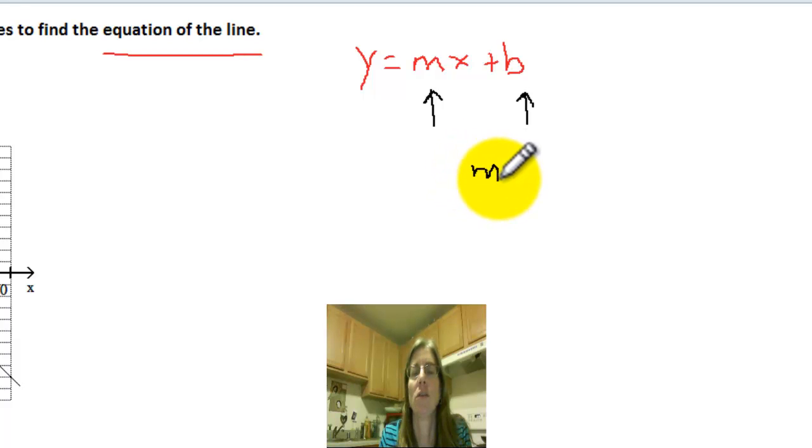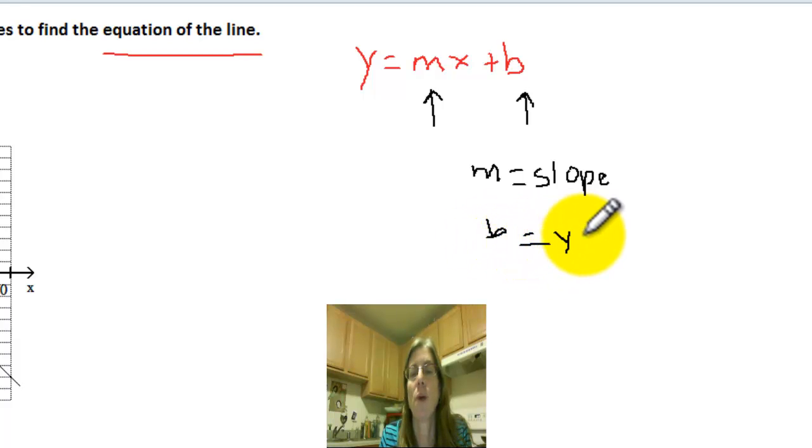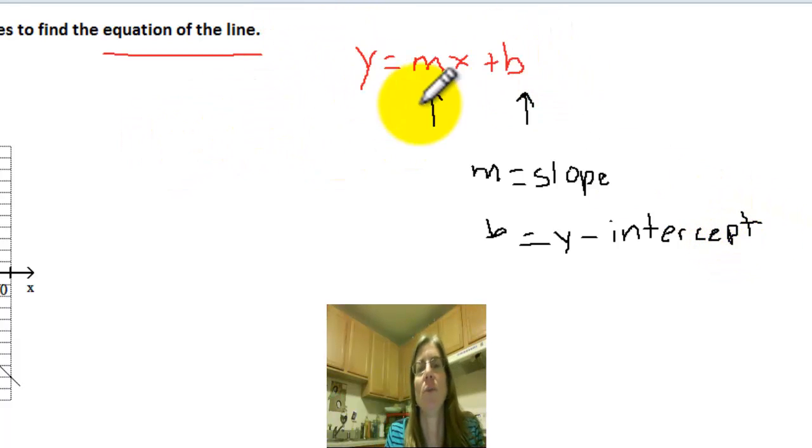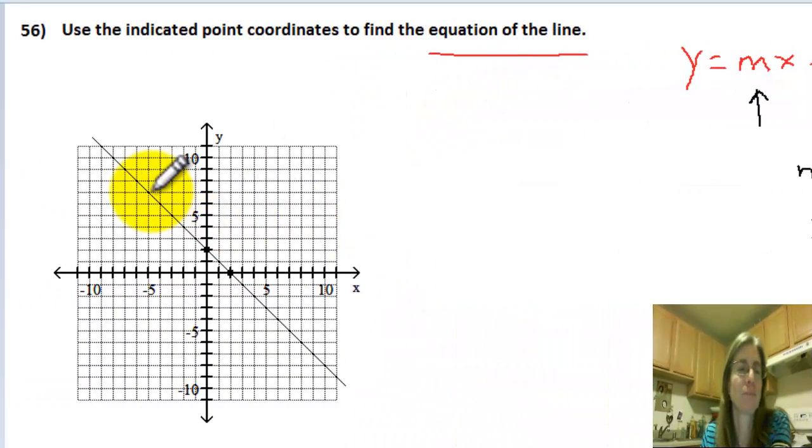because m is the slope and b is the y-intercept. The y-intercept is where the line crosses the y-axis. And when I say the line, what I mean is the line that's represented by the equation that we are going to find. In this case, we have the line right here.